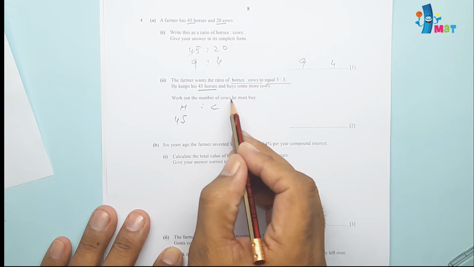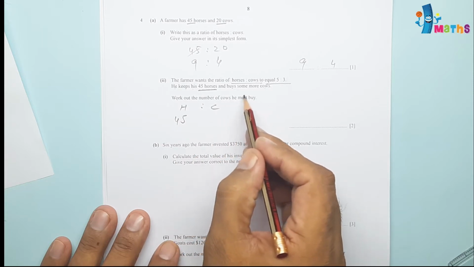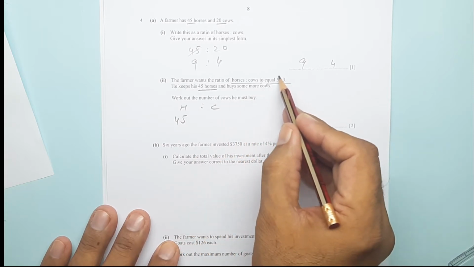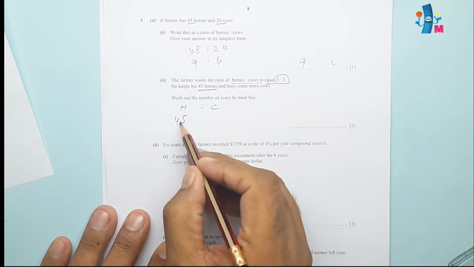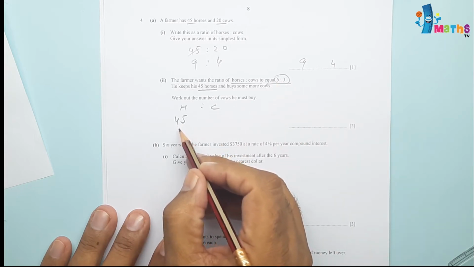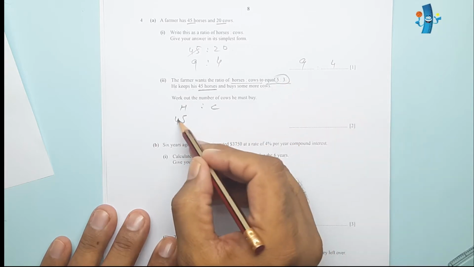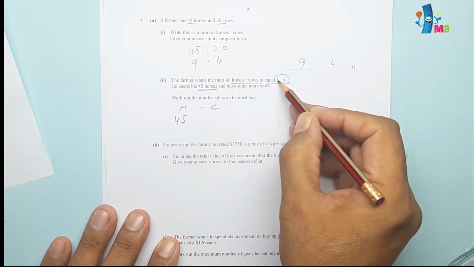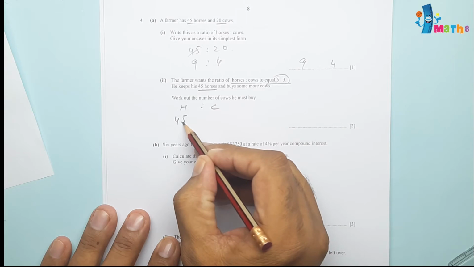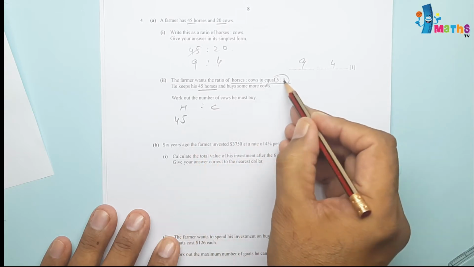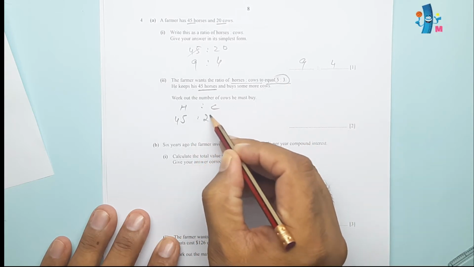Work out the number of cows he must buy to convert this ratio as 5:3. 5 multiplied by 9 will be 45 and 3 multiplied by 9 will be 27.